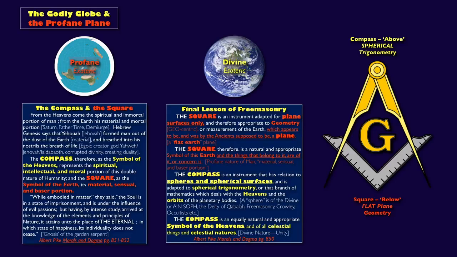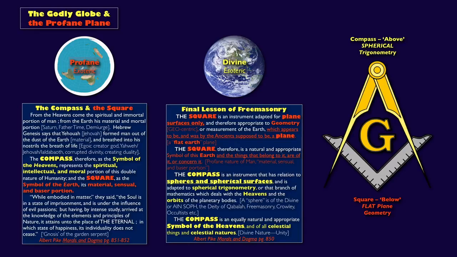So you can see it expressed through the compass here with the trigonometry, the trinity, and the sphere, right? The divine sphere, illuminated by the sun. So he says this is of the heavens and of the orbits, right? Orbs, circular motion, things like that. And the compass, he says, is appropriate symbol of the heavens and of all things celestial and the celestial nature of man, essentially.